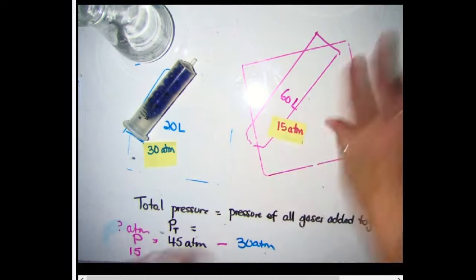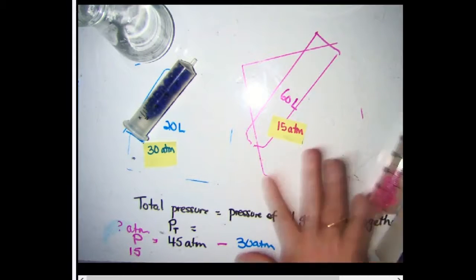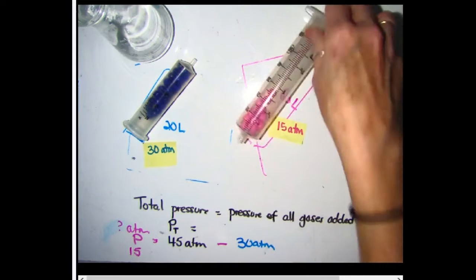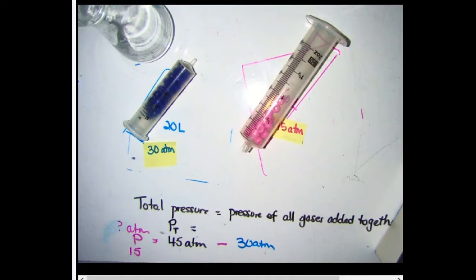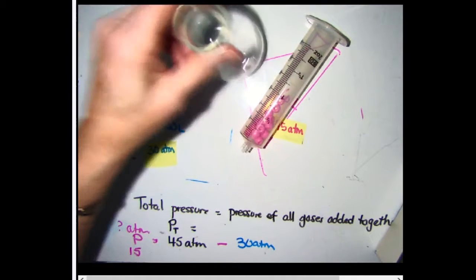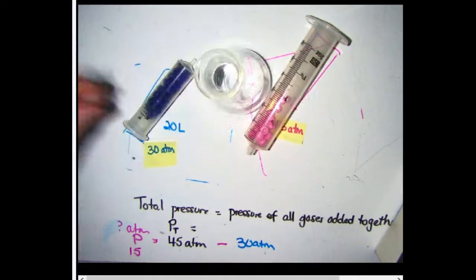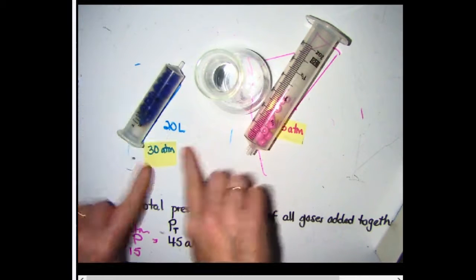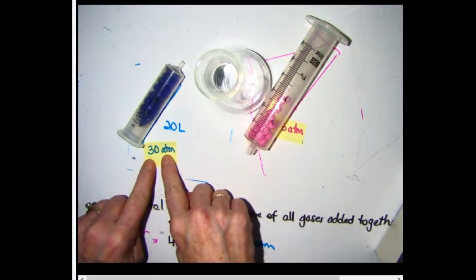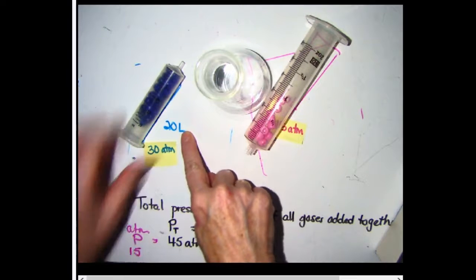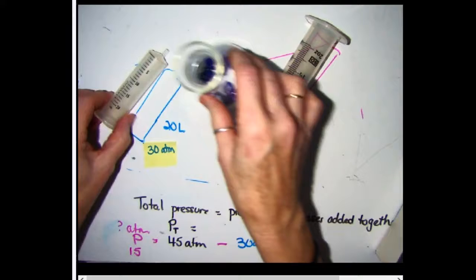So we have gases that are in 2 different size containers. All right? So what I want to do is add the 2 gases together, and I'm going to put them in this beaker, which is 125 liters. So watch what I do. I'm going to take my 30 atmosphere gas in 20 liters, and I'm going to pour it into 125 liters.